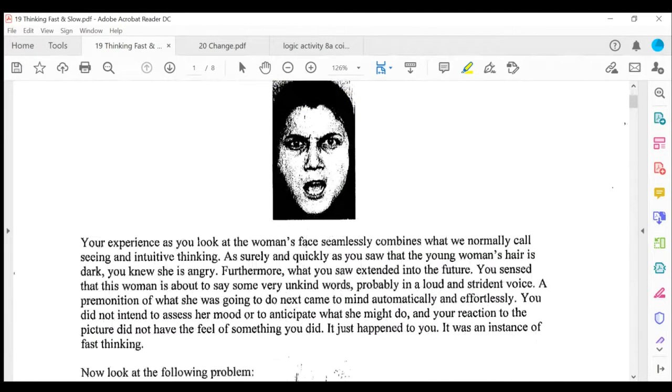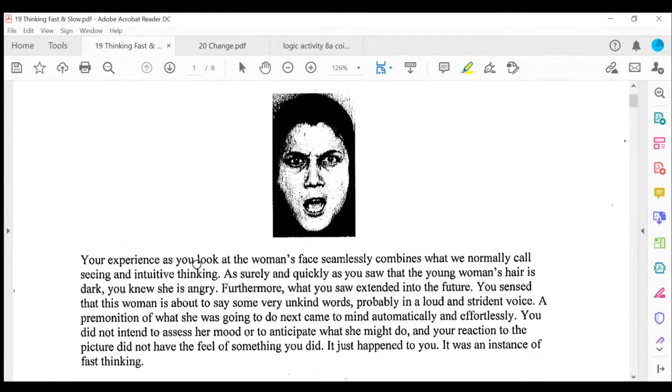Let's see what Daniel Kahneman writes about this. "Your experience as you look at this woman's face seamlessly combines what we normally call seeing and intuitive thinking." So we're going to emphasize this idea of the intuitive aspects of what you just did. "As surely and quickly as you saw that the young woman's hair is dark, you knew she was angry."